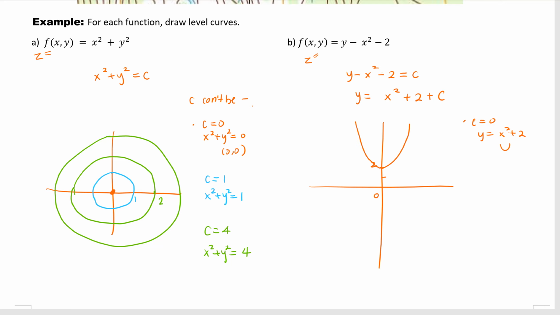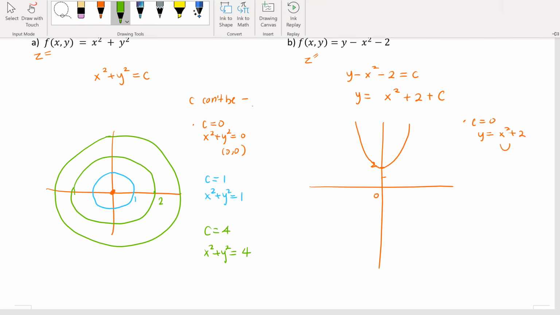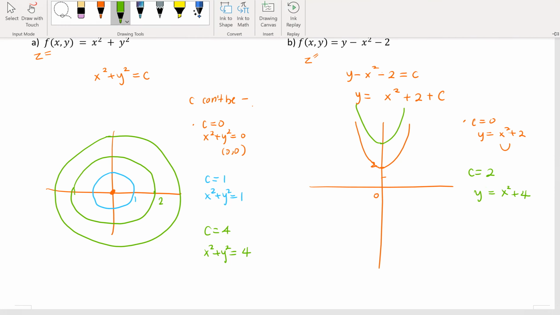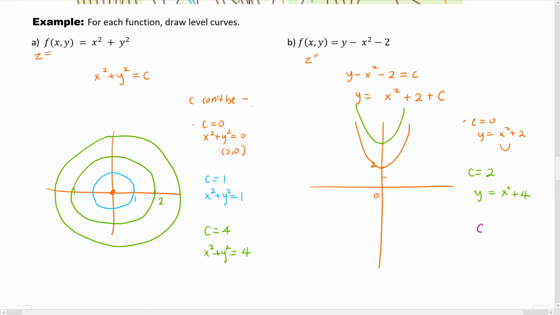Okay, and what happens when c equals, let's say, 2? Well, then we have y equals x squared plus 4. So it passes through 4. So like this. And now you can imagine for other values, let's say c is -2, then we just get y equals x squared, right?